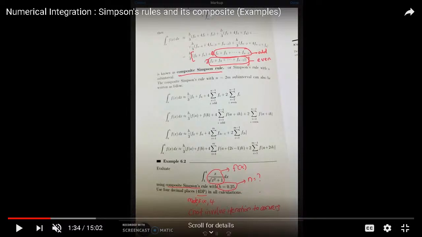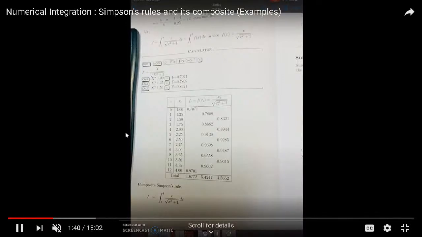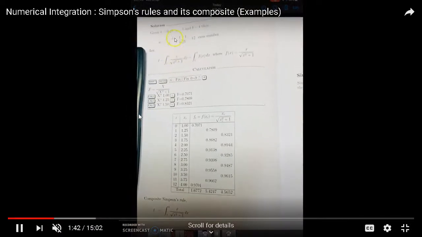So you know the value of n now. This does not involve iteration, but it involves every point: x naught, x1, x2, up to xn. Let's solve this problem.